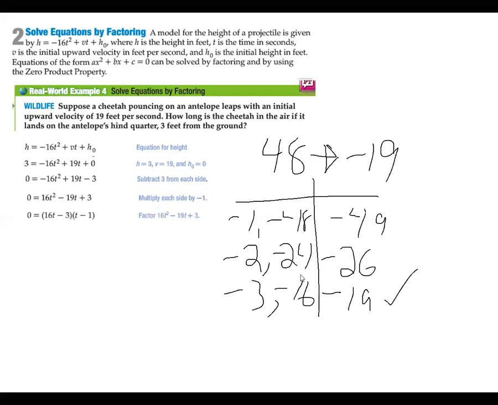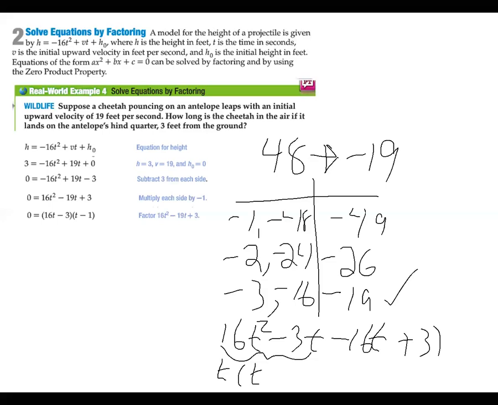So you could write it as 16t squared minus 3t minus 16t plus 3. So group these two together, you can factor out a t, and you get t times 16t minus 3.